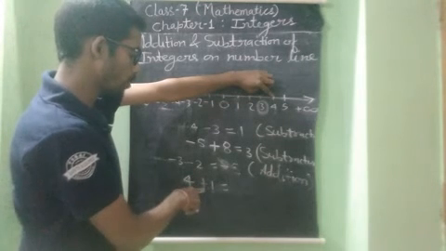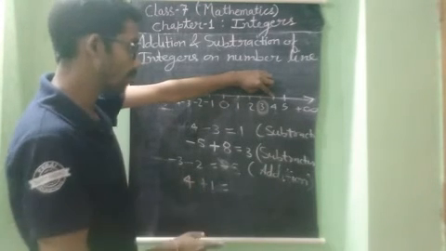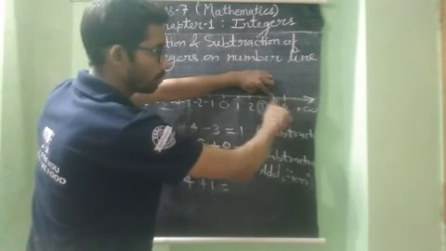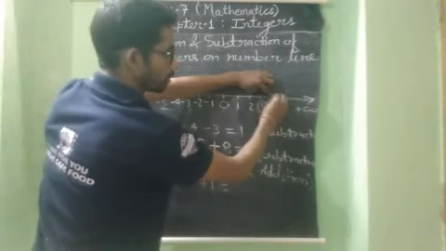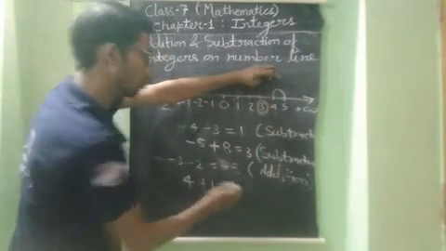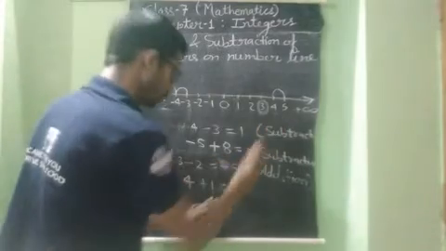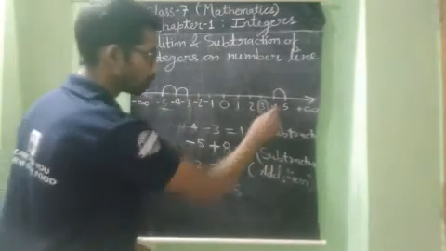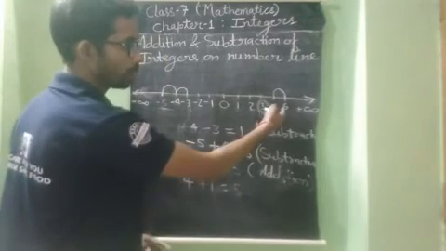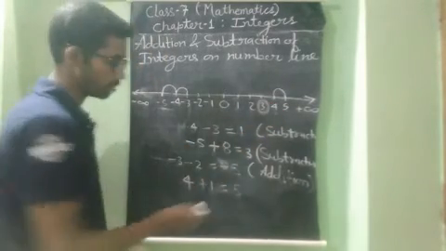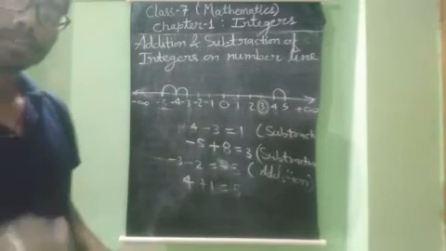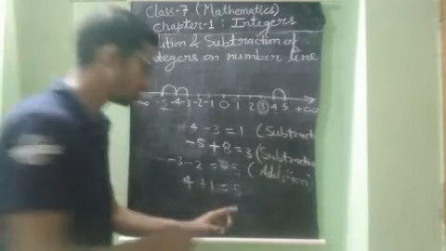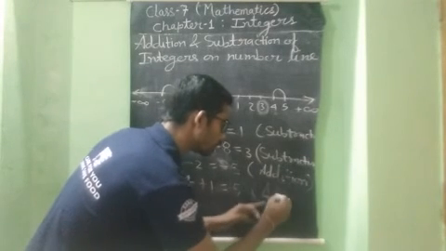Here 1 has a positive sign, so you have to go 1 time after 4, in the positive direction of 4. So 4 plus 1 becomes what? 5. And 5 has what? A positive sign, because 5 has no sign, which means it is positive. And you can get 5 only if you add 4 and 1. So there is what? Addition.